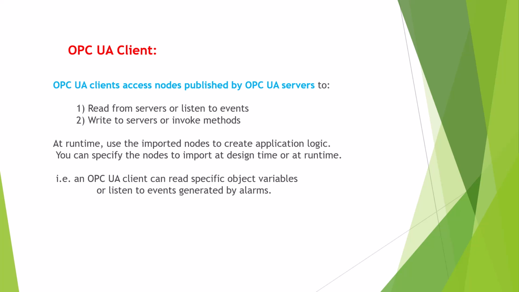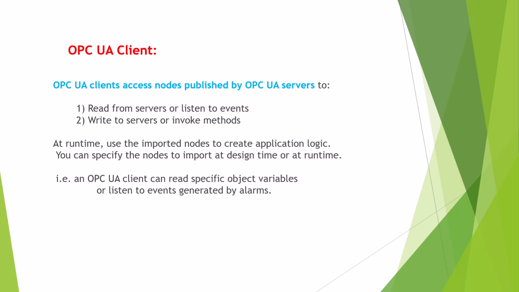OPC UA client. An OPC UA client accesses nodes published by the OPC UA server to read from the server or listen to events, write to the server or invoke methods. At runtime, use the imported nodes to create application logic.